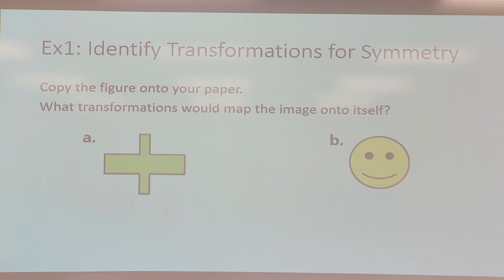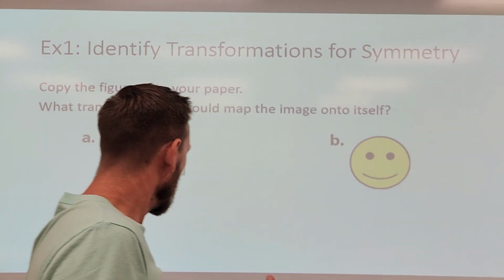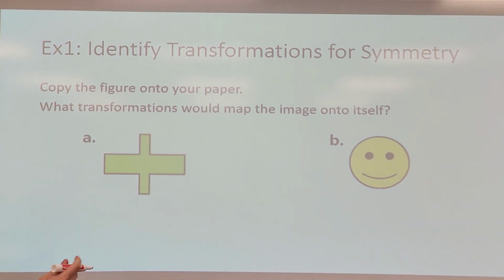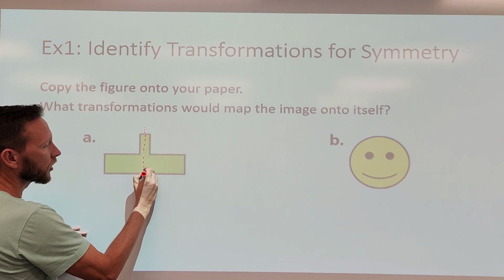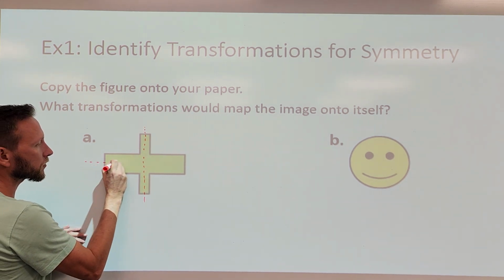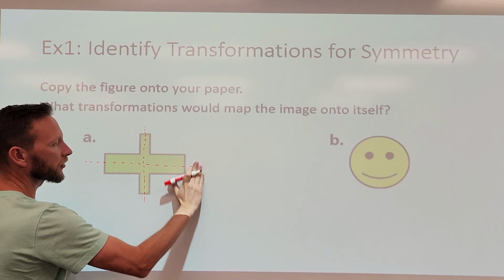I want you to think about what transformations would map this image back onto itself. If we're thinking in terms of these rigid motions, the main thing I want us to engage with first and foremost is reflectional symmetry. I could reflect this over this line here.